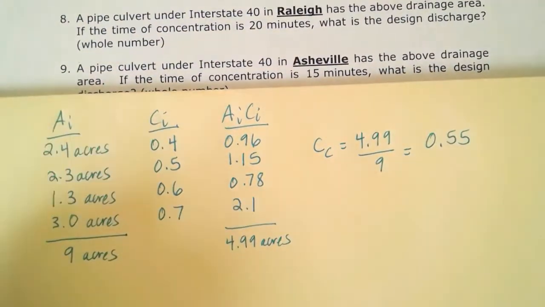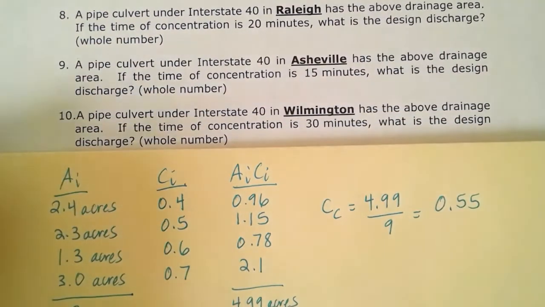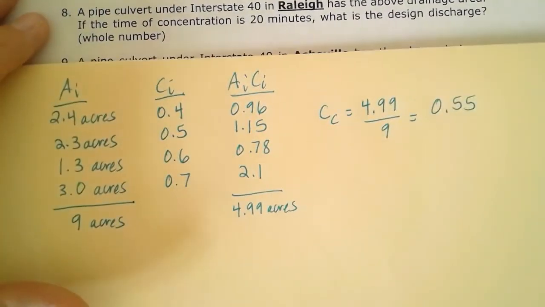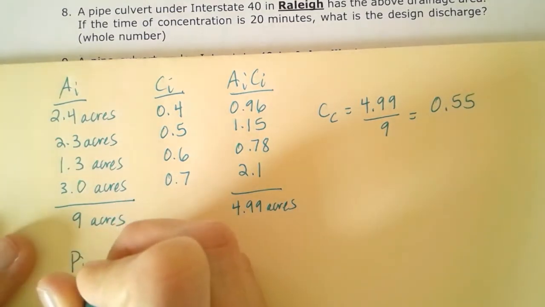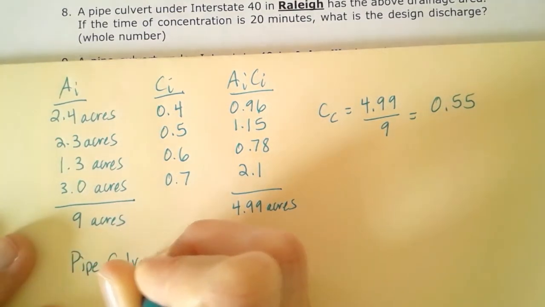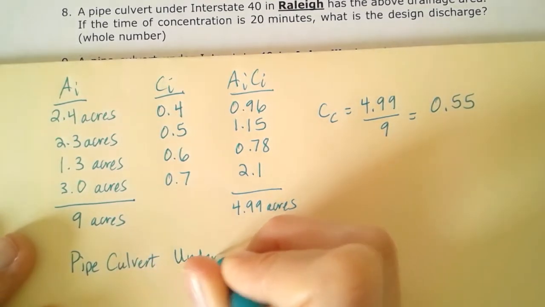And now, like I said, I'm dealing with a pipe culvert under an interstate for all 3 problems. So we'll start off with number 8 here. But for a pipe culvert under an interstate, I can look up and see what design year I'm dealing with.